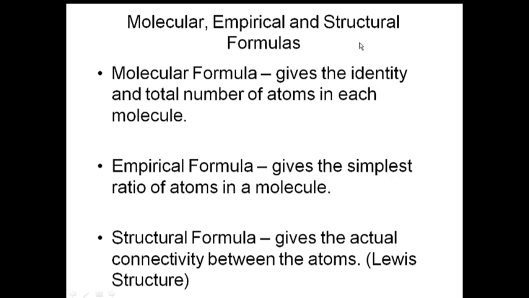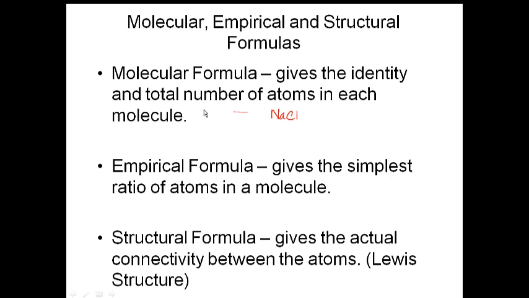Because one of the things that you do a lot in general chemistry is simply write the molecular formula of the molecule, or actually the molecular or empirical formula. The molecular formula gives the identity and total number of atoms in each molecule. We could take NaCl, a formula for sodium chloride.